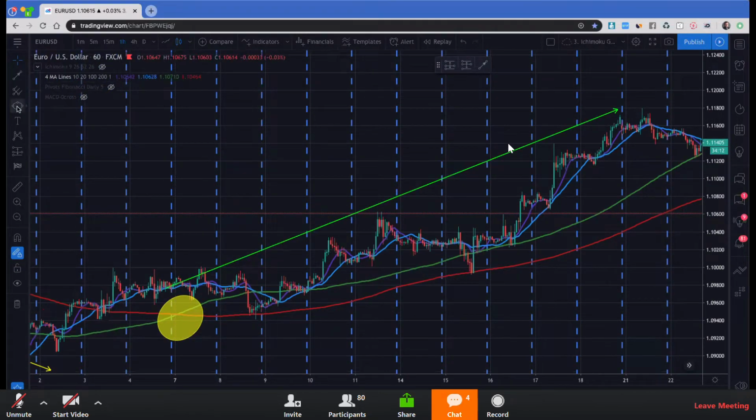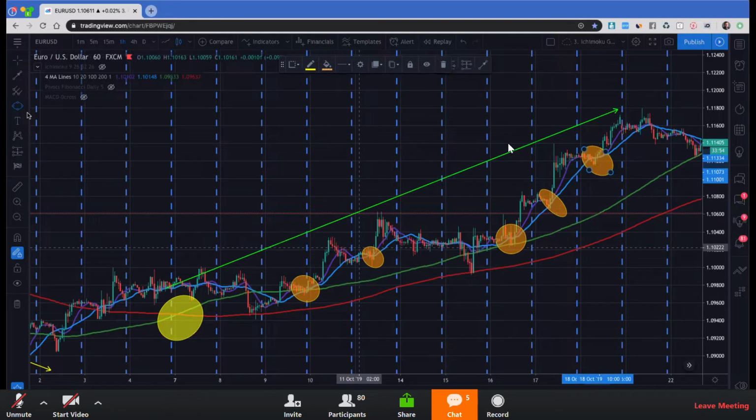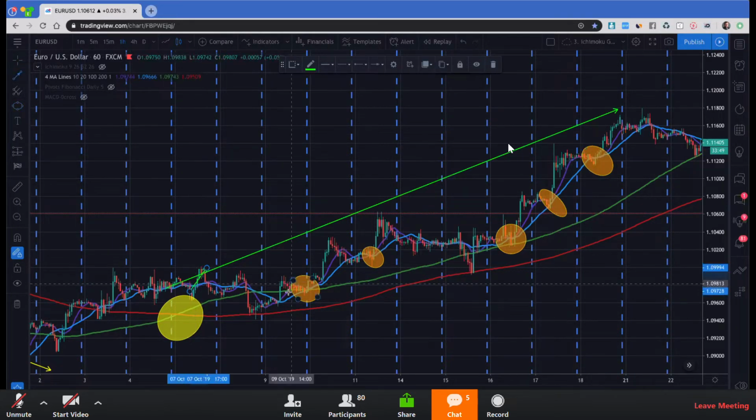Now there's a couple of moments that I will make in orange that you have a 10-20 cross. There's a 10-20 cross. Here's a 10-20 cross. Here's a 10-20 cross. Here's a 10-20 touching each other. Here's a 10-20 touching each other. And on all those moments, we will be able to take buys.